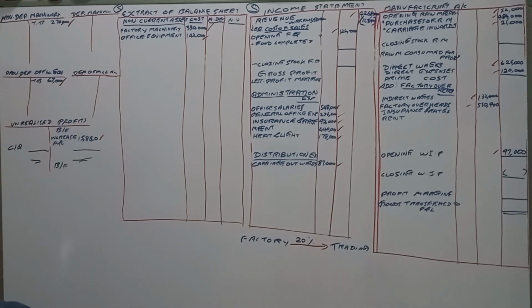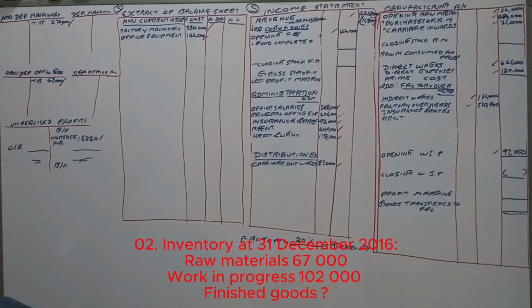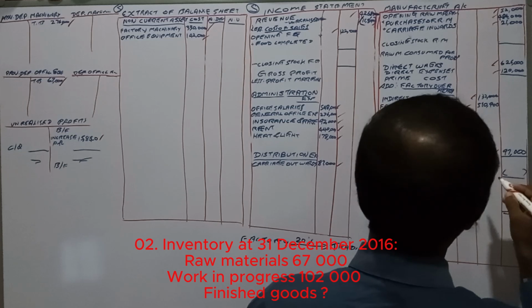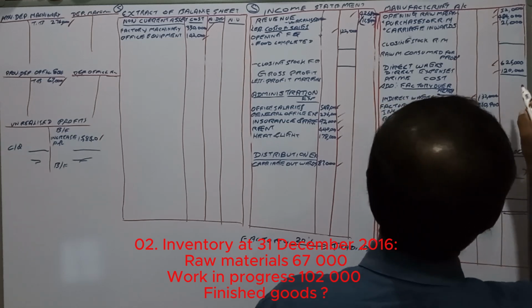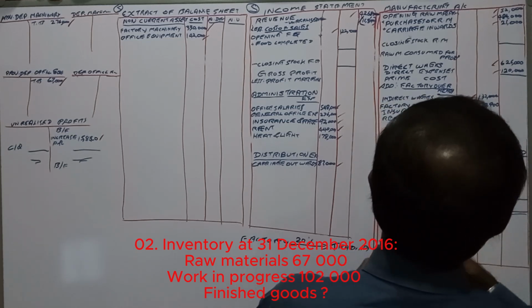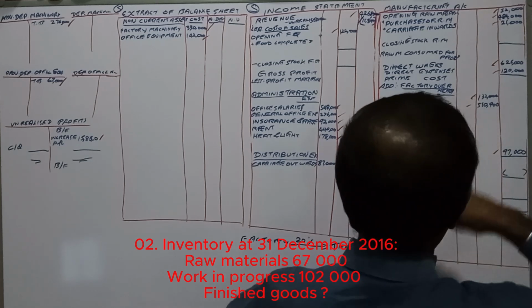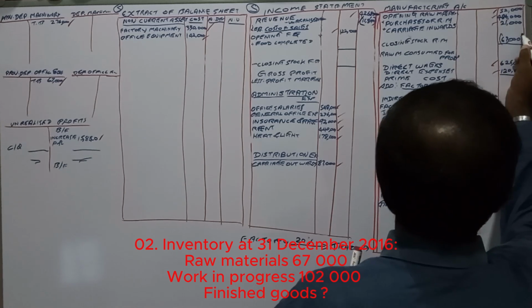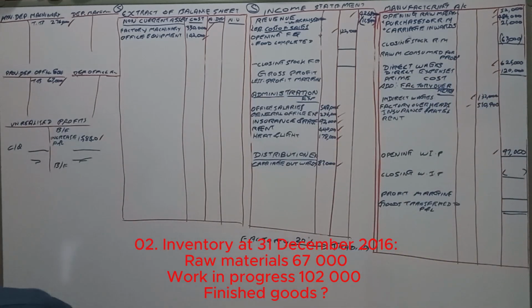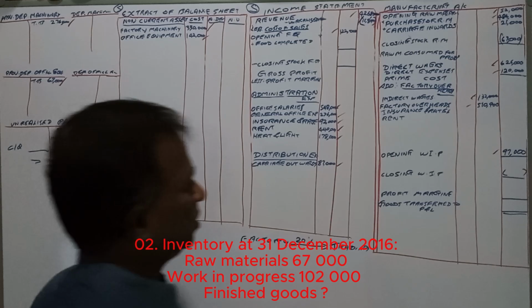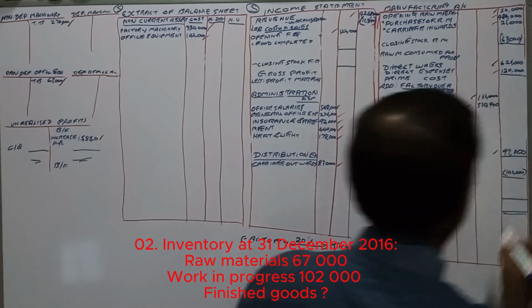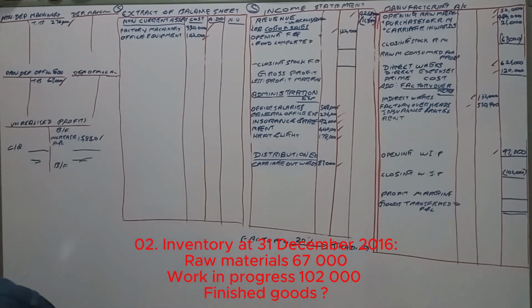And inventory: closing inventory raw material 67,000, right? That we have to take. And work in progress 102,000, closing stocks.